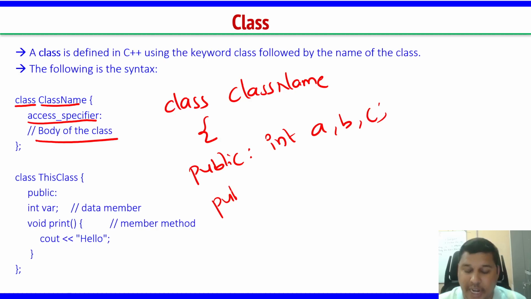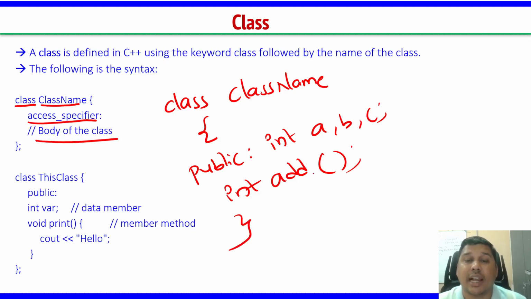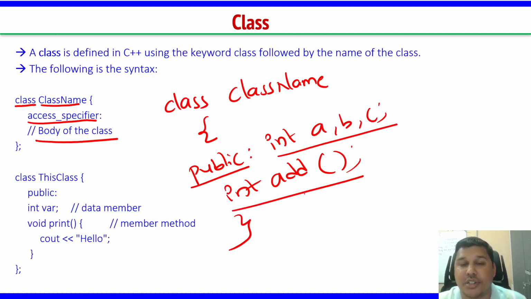Once you write public, you need not write it again; you can declare here int add like this. You give an access specifier, then you declare member variables and member functions. This is the syntax of a class.